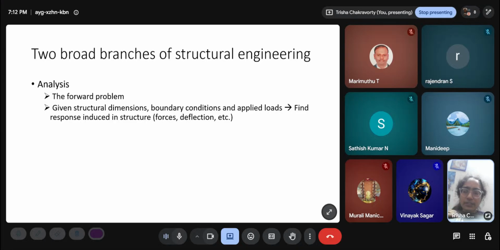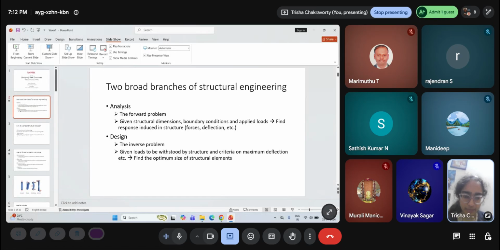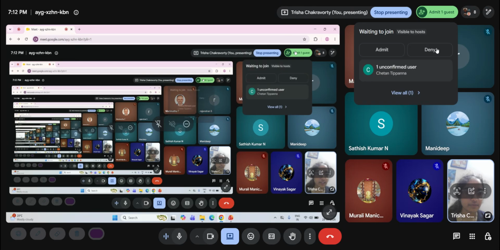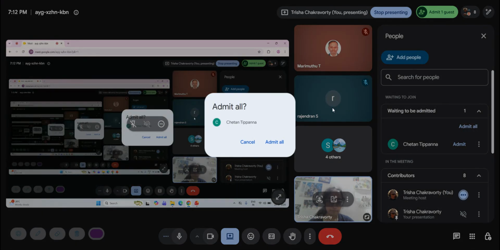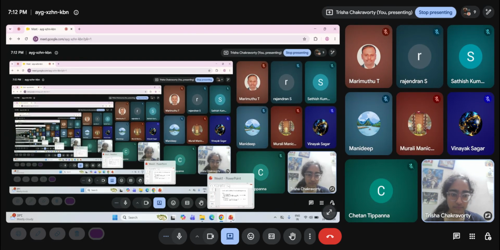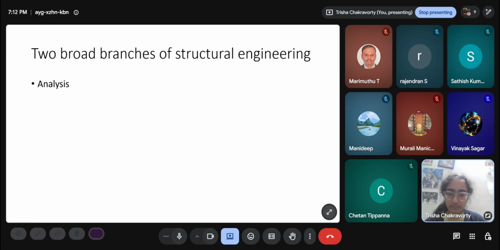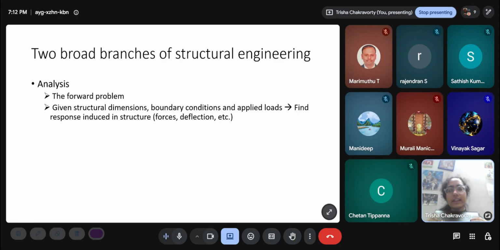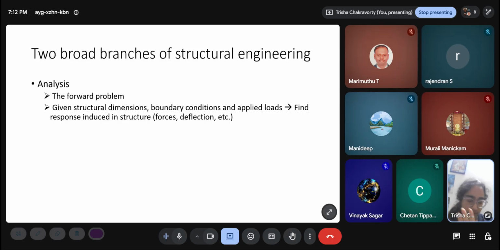If I have the structure, all its dimensions, all its loading pattern, boundary condition, and the material as well, then analysis means that I need to find the stress and strain, or the forces and displacement, developed at all parts of the structure. At every point of the structure, I should be able to tell that. That is what analysis is conceptually.